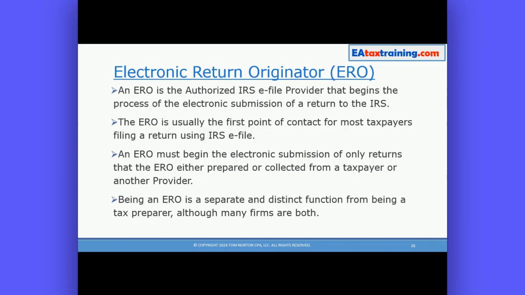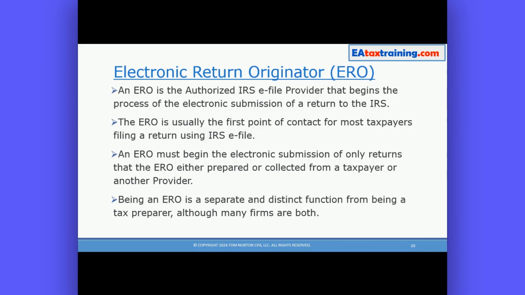And being an ERO is a separate and distinct function from being a tax preparer, even though you're probably going to be both. But technically, it is separate. That's why you might submit returns for another tax preparer who is not an ERO, because they are two separate functions.